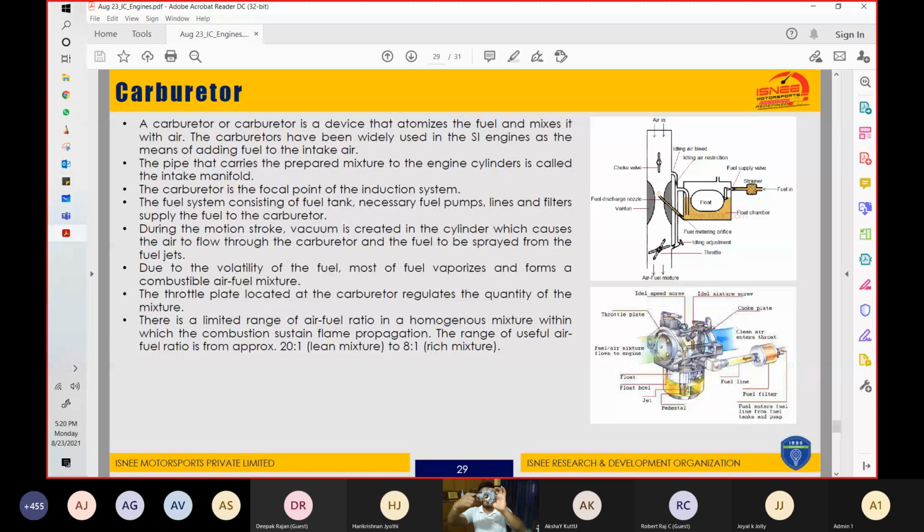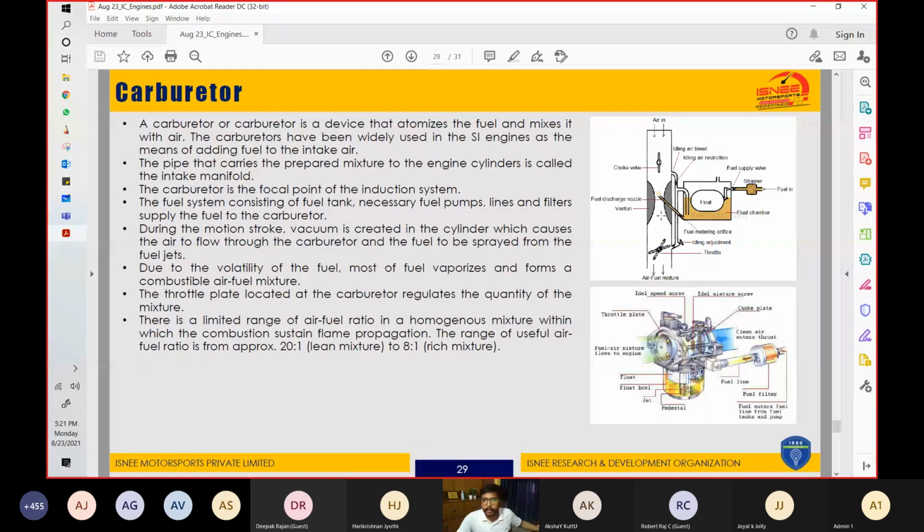If I open it up, you must be seeing this is how your throttle controls this operation. When the throttle wire is attached, it will be attached with a spring like this, so that the throttle bounces back to its original position once the throttle twister is released. So this is how the supply is controlled. When you throttle up, you just open it up, and when you throttle down, you just close it. So this is how it is governed.